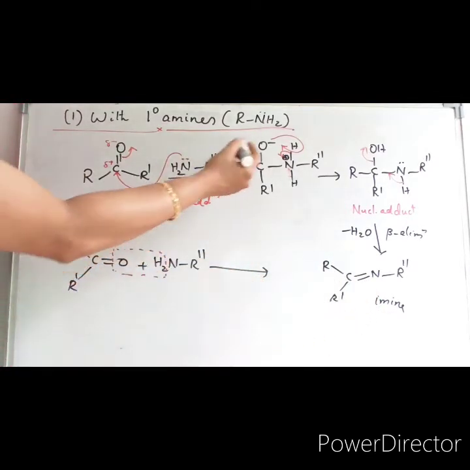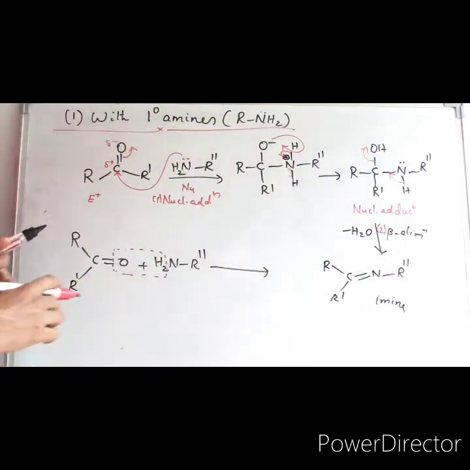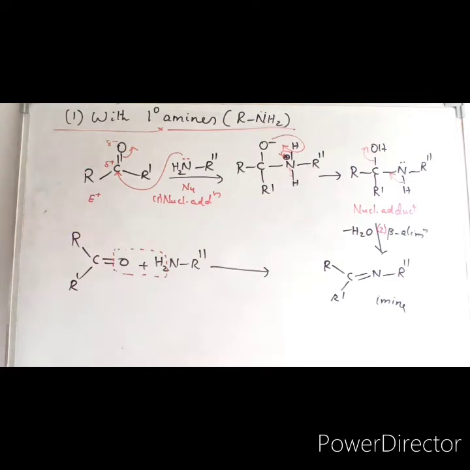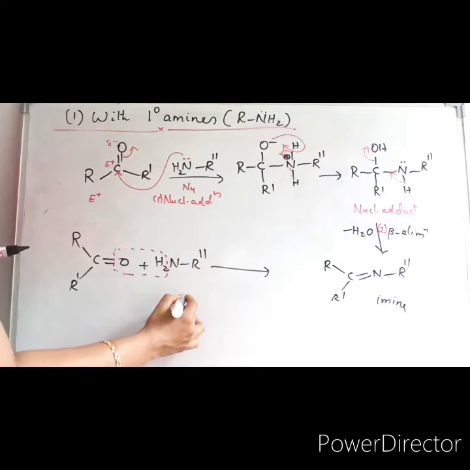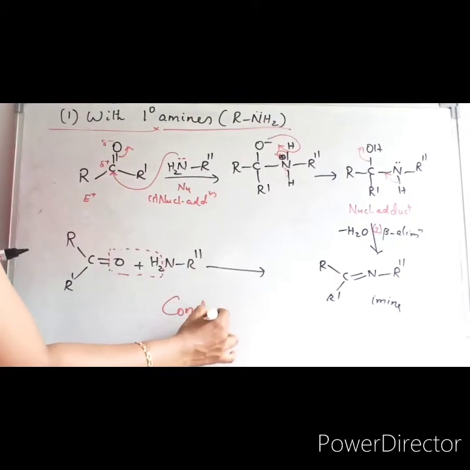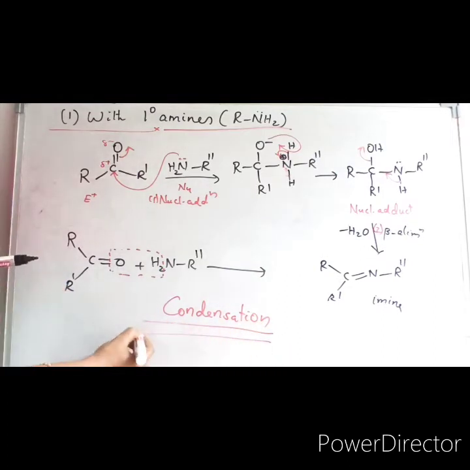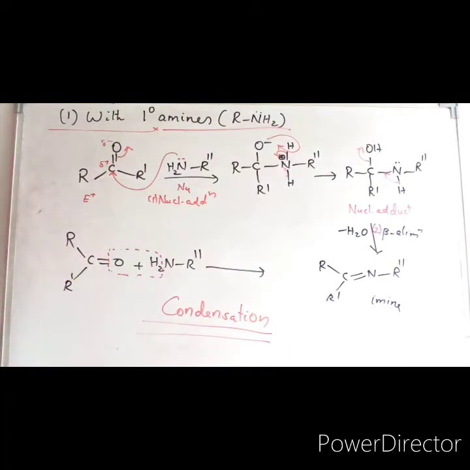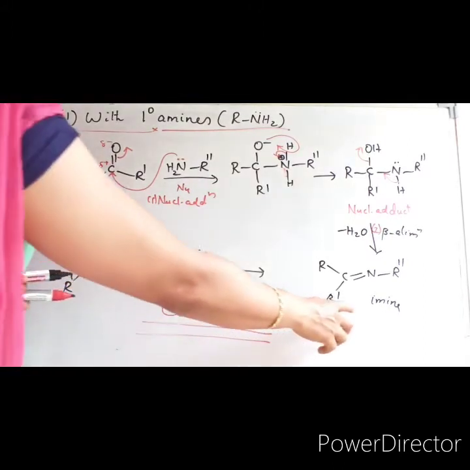Okay, so this is the mechanism. The second step is the beta elimination, where a simple molecule like water is eliminated. So nucleophilic addition followed by elimination is known as a condensation reaction. Here the carbonyl compound undergoes a condensation reaction with a primary amine and you get an imine.